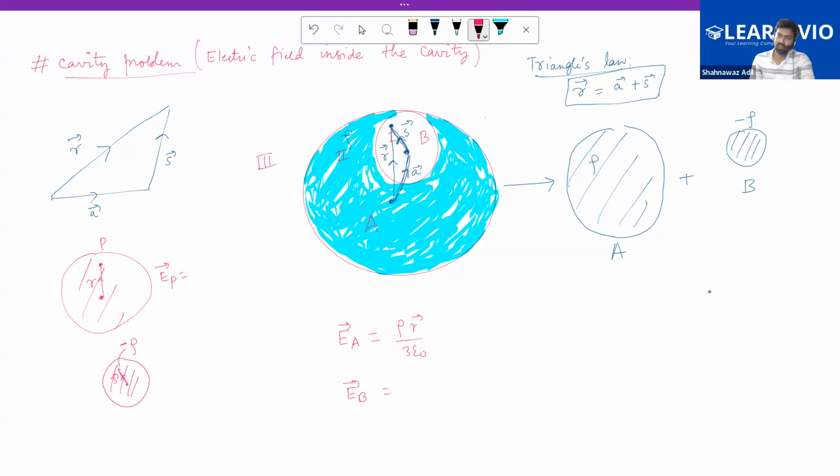Let me ask this question again. I want to calculate the electric field inside that sphere whose charge density is minus rho, and I'm calculating at this point inside, where the distance is S. So what would be the electric field?